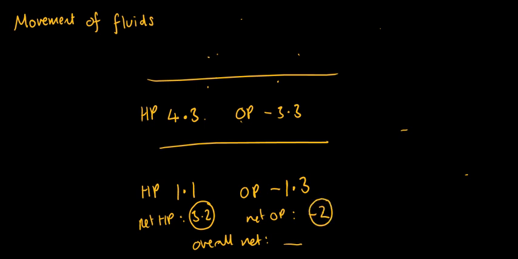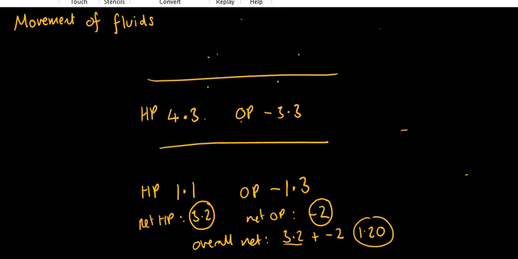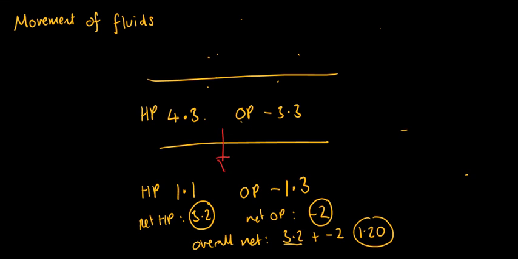And then our overall is going to be 3.2 plus minus 2, which is going to give us 1.2. So therefore we are going to have the movement of fluid out of the capillary, and so therefore this is going to be the arterial end of the capillary.